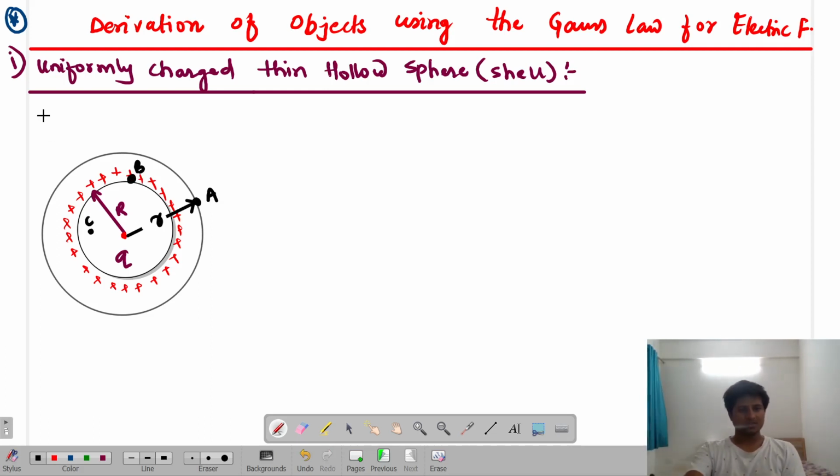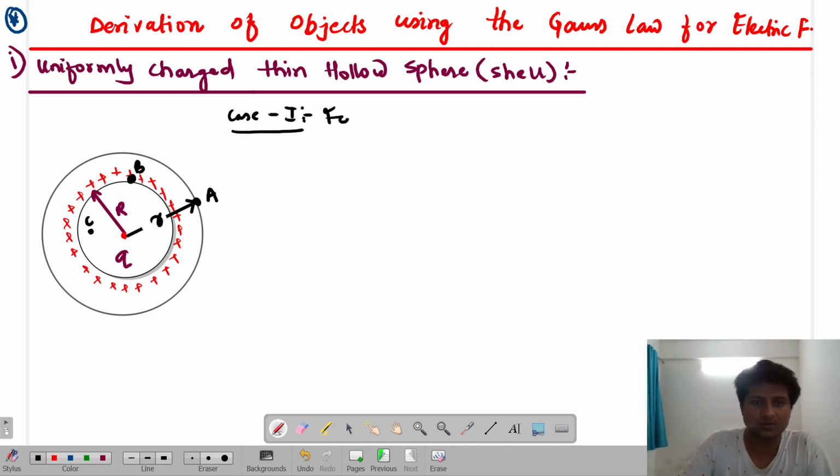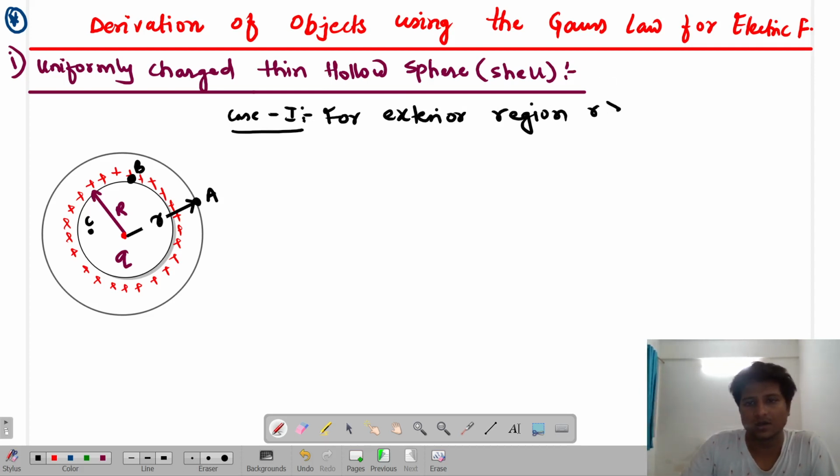So first, case 1, for the exterior region, small r greater than capital R, or point A. Is that clear?